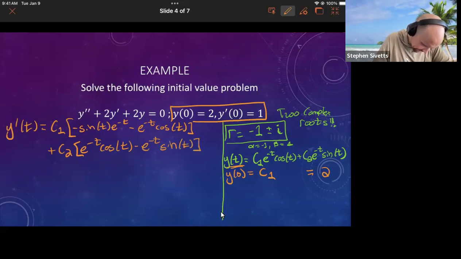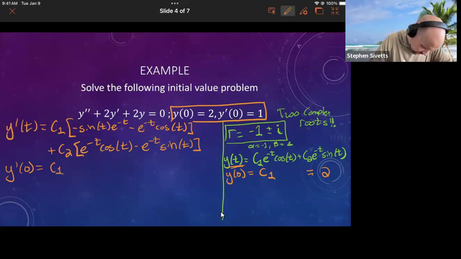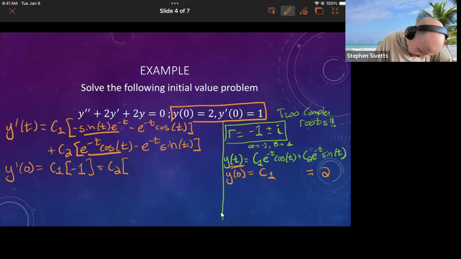Now we can evaluate the derivative at 0. When t is 0, C1 times this quantity here is a minus 1, so we'll have minus 1 plus C2 times e to the 0, which is 1, so this will be a 1 minus 0.